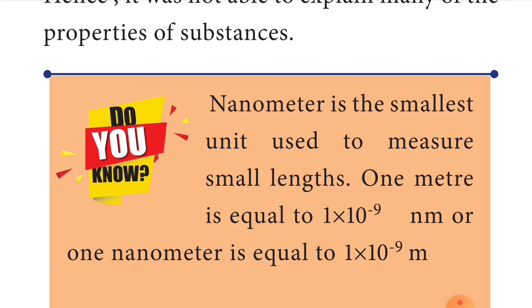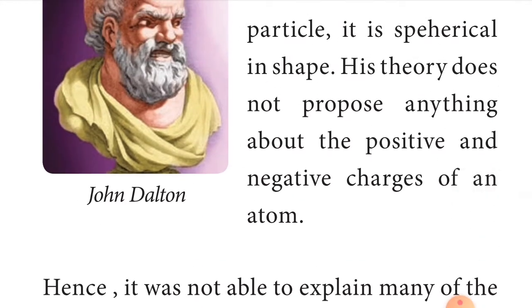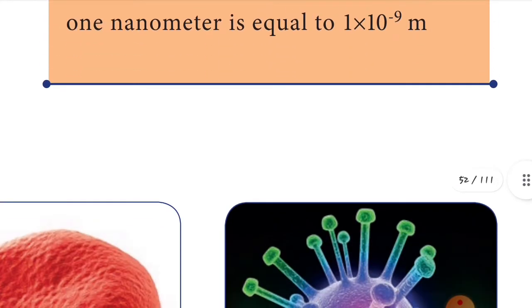Nm means: n means nano, m means meter. This is a very important 1 mark question, children, sometimes asked. Do you understand, children? Dalton explained only for what? Positive and negative charges of an atom. This is clear to you, children? Yes.